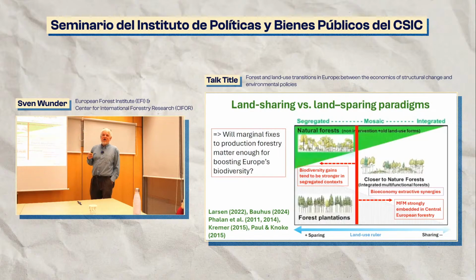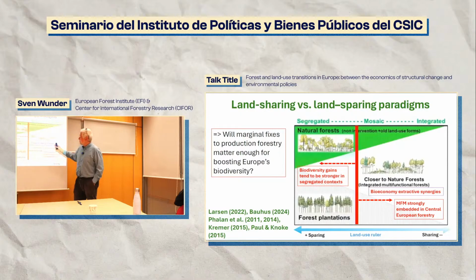So turning now a little bit to our policy and intervention options. This is a simplified way of looking at it. Let's say we have a certain forest area available, and then we have this land use slider here, the red bar that we can slide to the left or to the right, according to what we want.